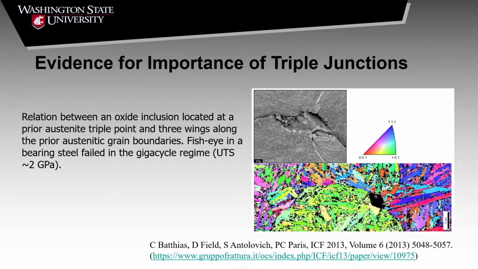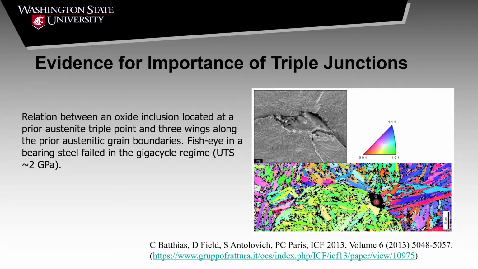And if we go with our EBSD and look at that, virtually all of these that we have seen occur at a triple junction of a prior austenite boundary, right? So these different color schemes, these are all martensitic type structures. Here's another one up here.